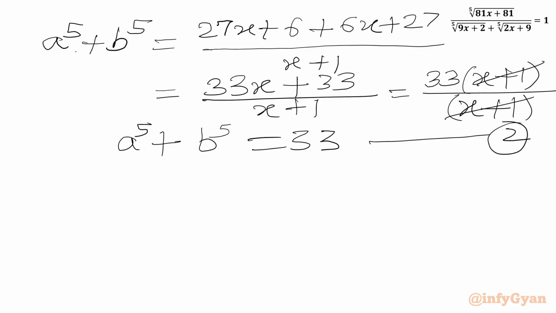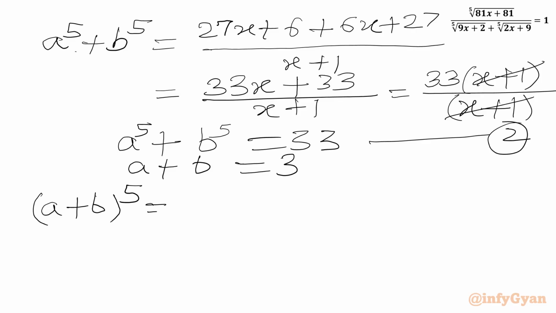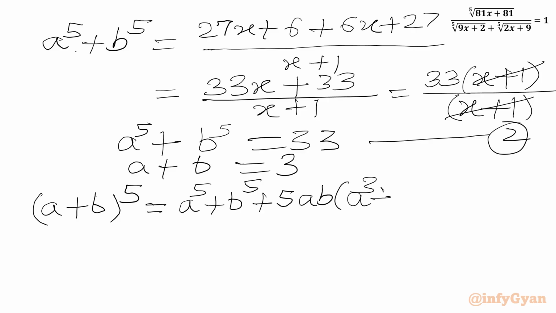Now I will use binomial expansion. Let me write our first equation also, a plus b equal to 3. Now I will use the direct formula for a plus b whole power 5. It is equal to a power 5 plus b power 5 plus 5 times ab in the bracket a cube plus b cube plus 10 times a square b square times a plus b.